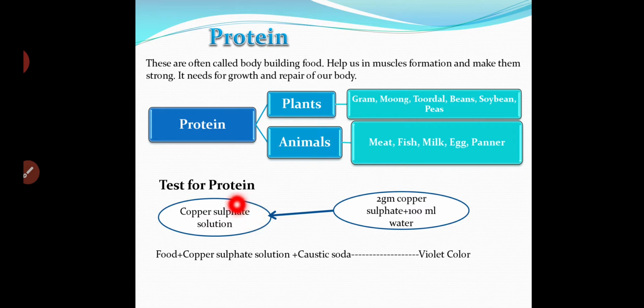That solution we will add with caustic soda, and we will drop it on our food item. If the food item turns violet color, then we have to recognize that the food item contains protein.